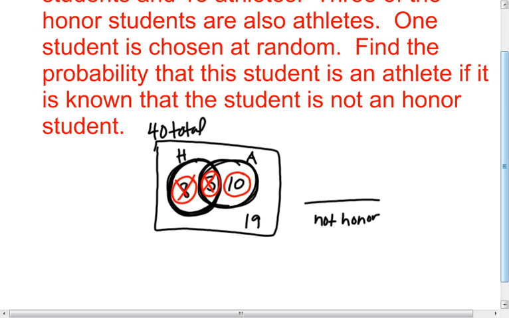These 10 people, however, are not honor students, and these 19 people are not honor students. So there's 29 people total that are not honor students, and out of those 29 people, you need to figure out how many are athletes, and there's 10 that fit into that athlete circle. So there's 10 out of 29 that are athletes.